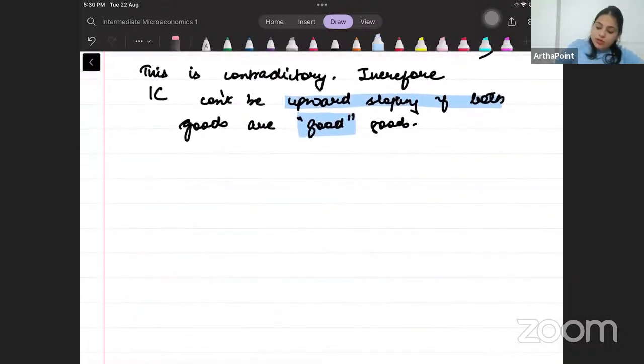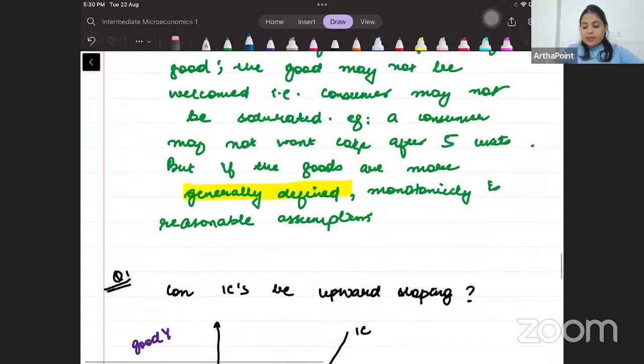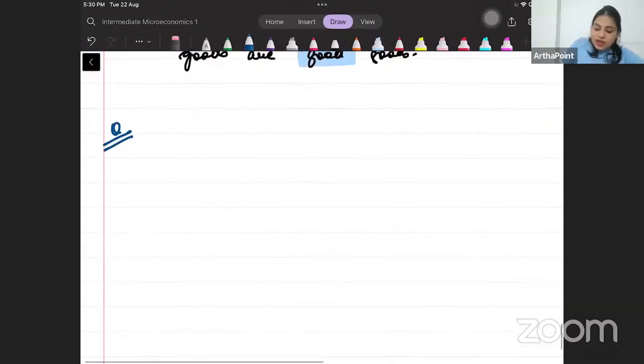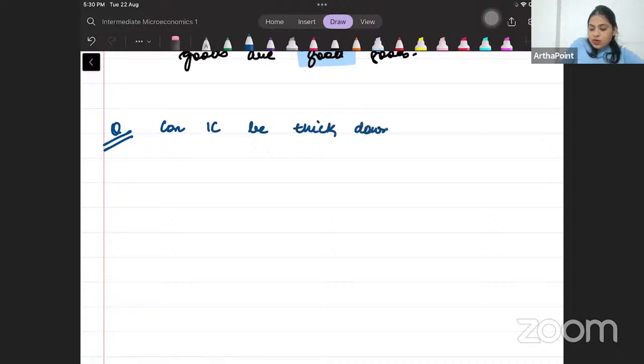अब मैं क्वेश्चन नंबर 2 पे आती हूँ यहाँ से. बेटा all this can come in exam, okay? It can come as a 5-mark question. So write down the second question, beta. Can IC be thick downward sloping curve?